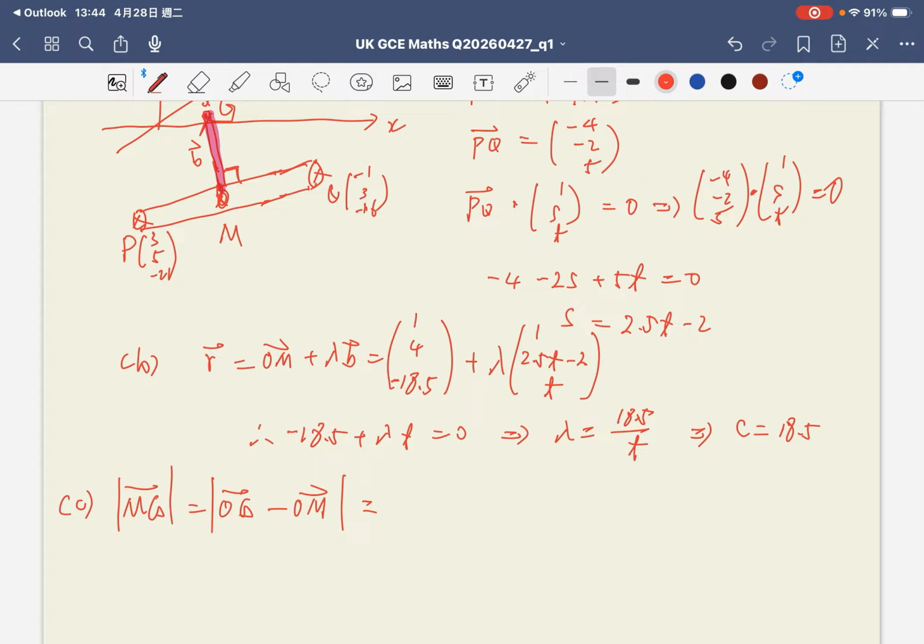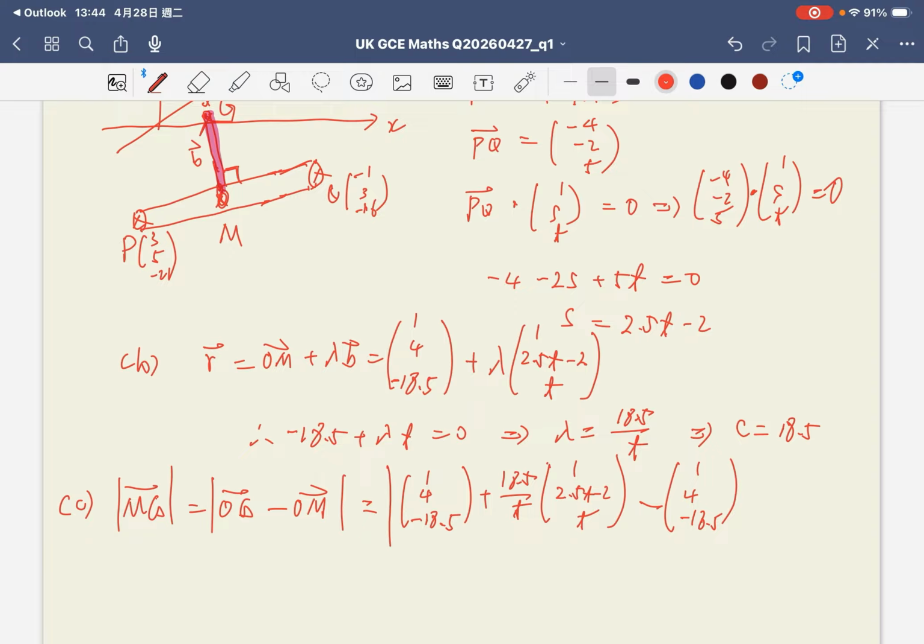That is OG is equal to 18.5 plus this one, 18.5 over t, then 2.5t minus 2t, and minus OM. OM is this one. Oh, that's so nice.